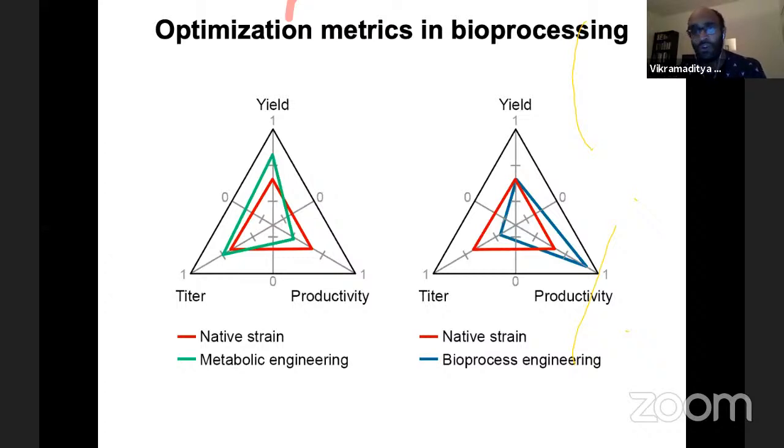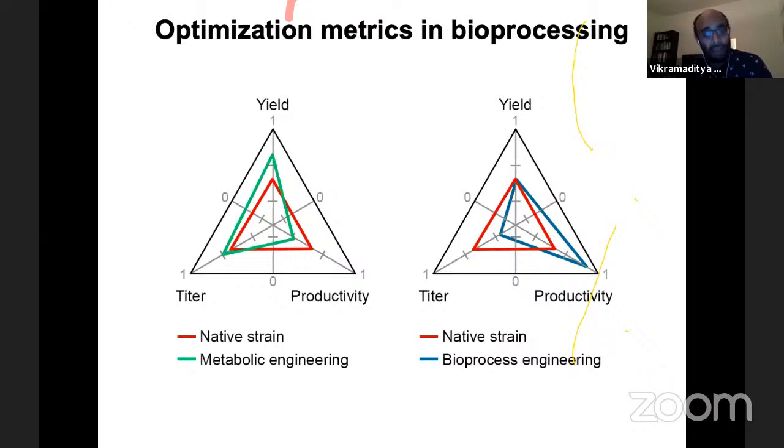Titers refers to concentration. So in your bioprocess, when you're producing material, you want to always have as high a titer or as high a concentration as possible. Yield refers to the production, so the amount of product that you have produced, as a ratio with respect to the amount of substrate that you have fed to the process.